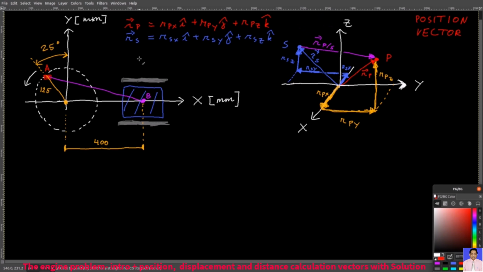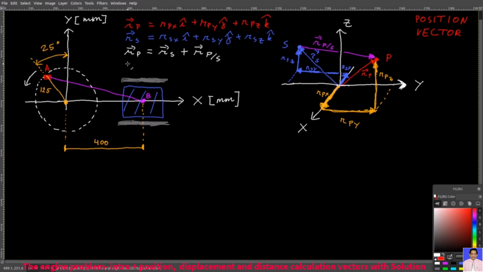And now you can also say that RP vector equals RS vector plus RP slash S vector. It makes sense, right? I mean, that's how you add vectors. You put the tail of this purple vector where the head of RS is, and then you get RP, which is essentially your resultant vector.